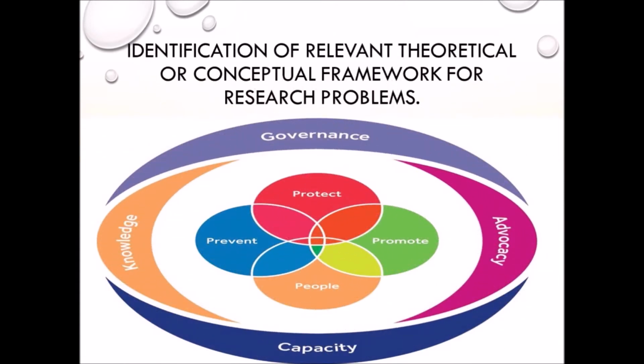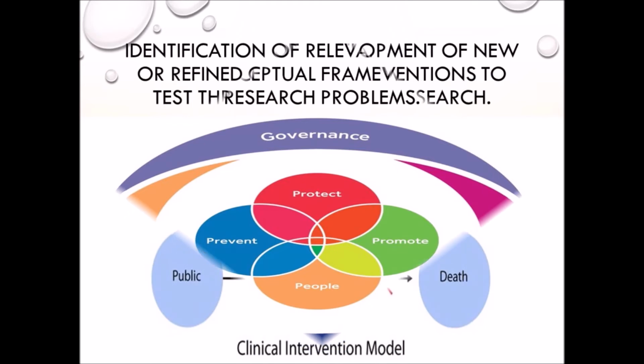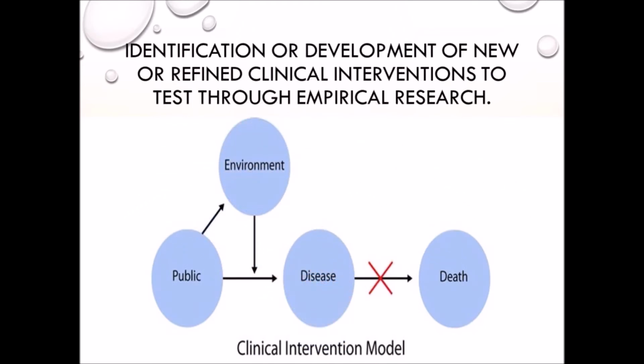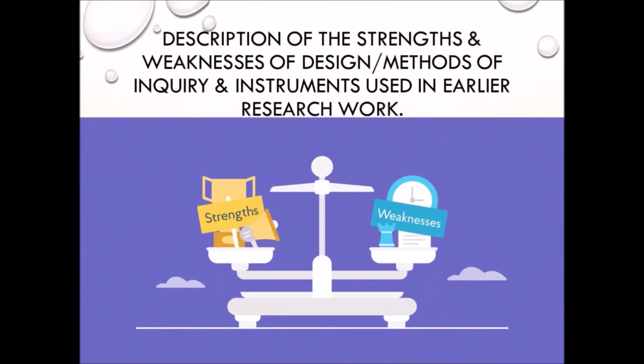Next, it helps in identification of a relevant theoretical or conceptual framework for research problems. It helps in identification or development of new or refined clinical interventions to test through empirical research. It also helps in description of the strengths and weaknesses of design, methods of inquiry, and instruments used in earlier research work.